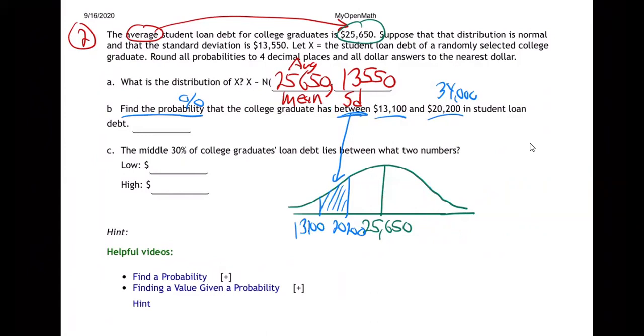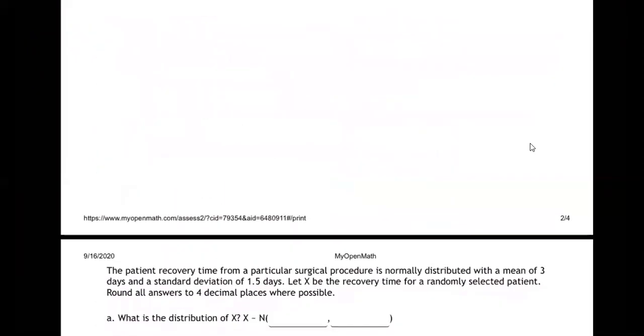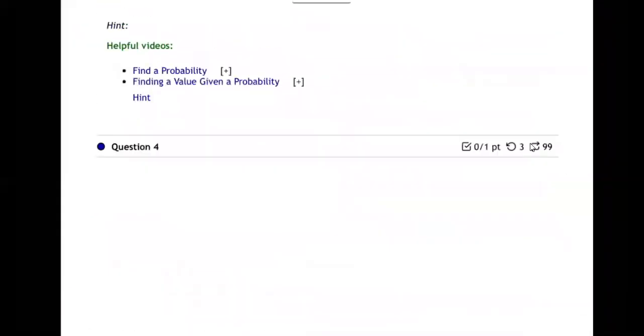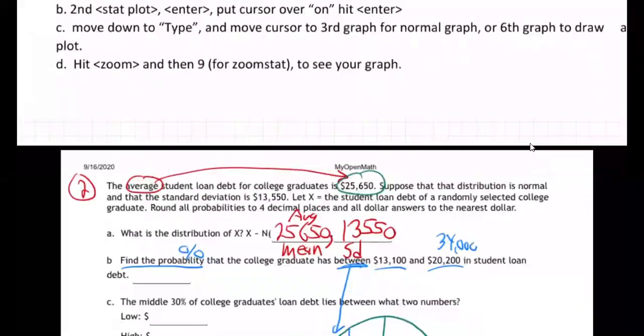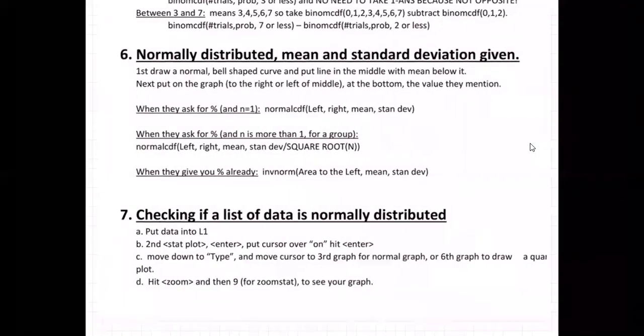Is that good? So now we're going to go to our calculator. We're going to do the normal CDF, right? That's what the formula sheet tells us: when they're asking for a percentage, you do normal CDF, left, right, mean, standard.